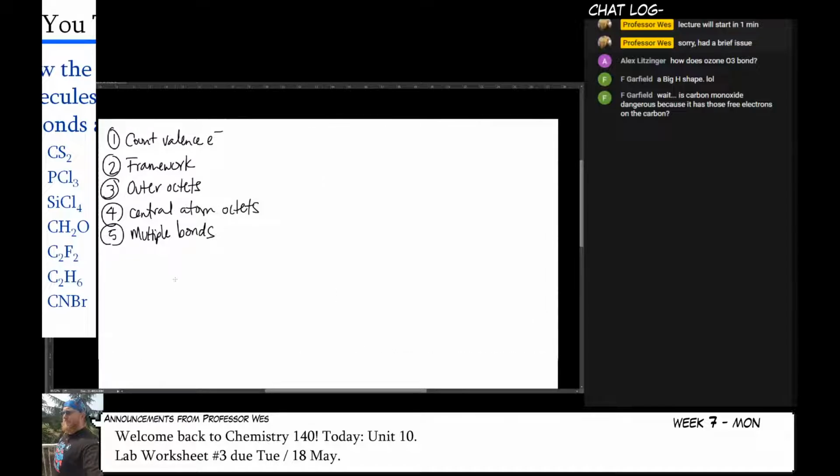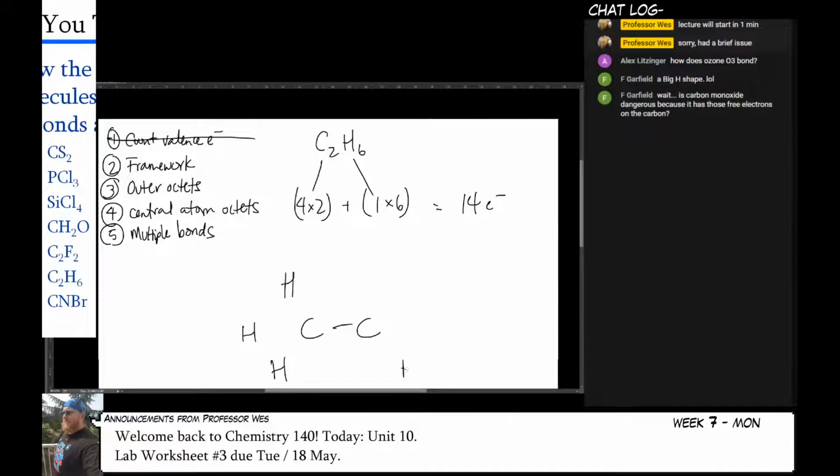All right, let's do C2H6. This one is significantly easier, thankfully. And so this is 14, it looks like. All right, I got C2. I'm going to put those in the middle, and I'm going to go H, H, H, H, H, H. And I'm going to do my framework, so I'm going to do this really quickly.